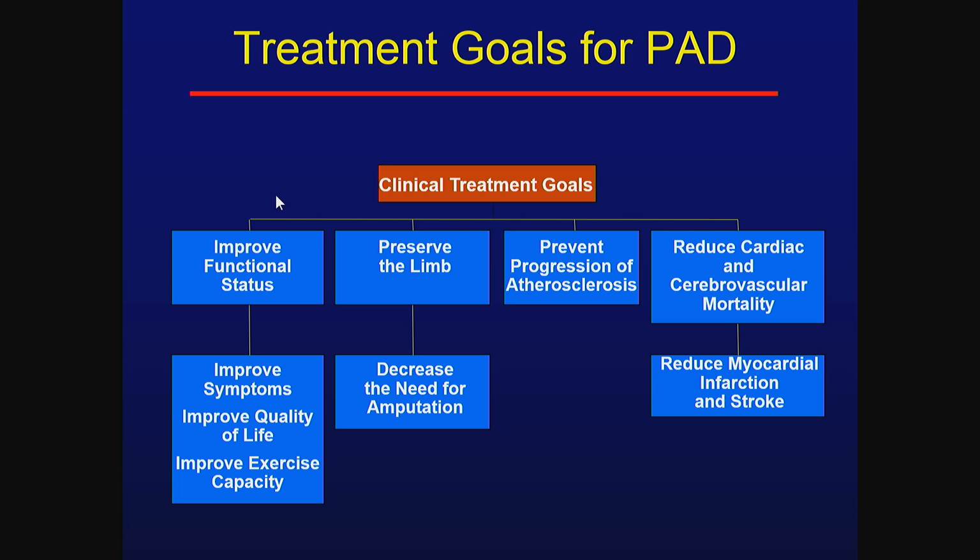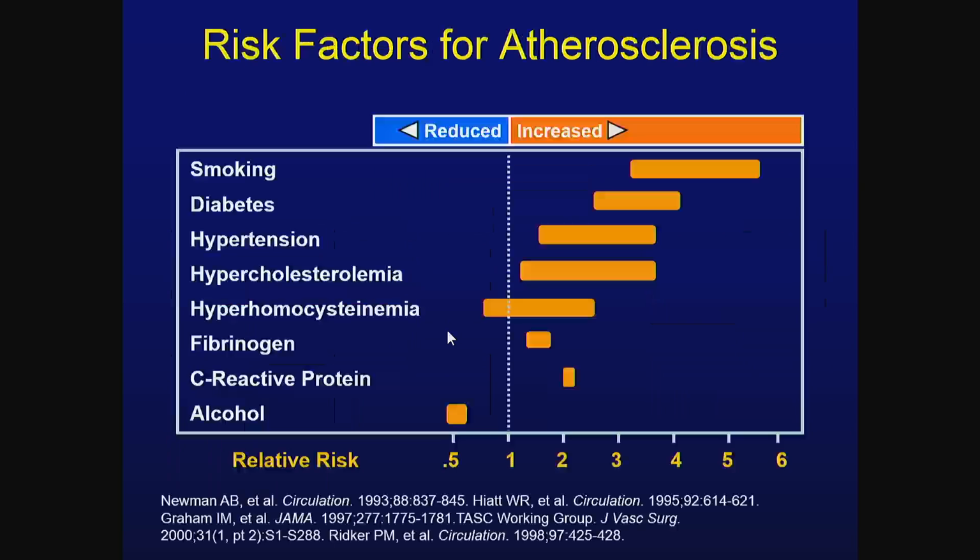In patients who have symptomatic peripheral artery disease, those who have claudication, for example, we aim to improve functional status by improving symptoms, improving quality of life, and allowing them to regain some of the functional status and ability to walk and exercise. And finally, in patients who have critical limb ischemia, all efforts are geared toward preserving the limb and avoiding the amputation.